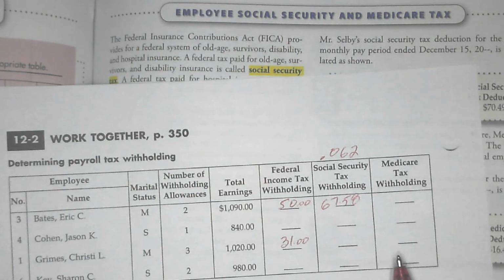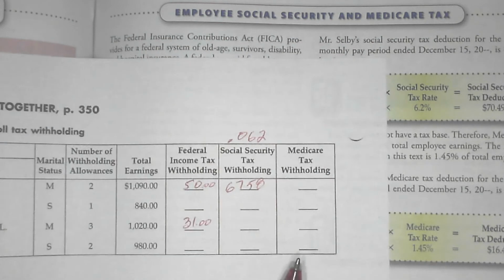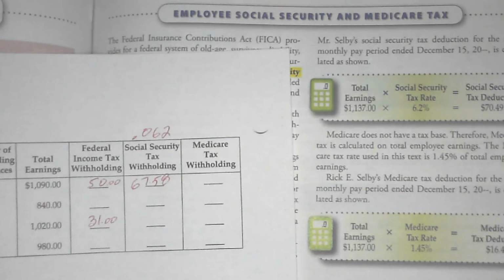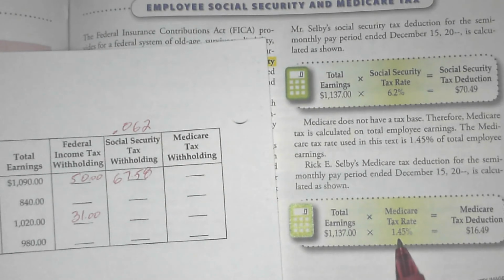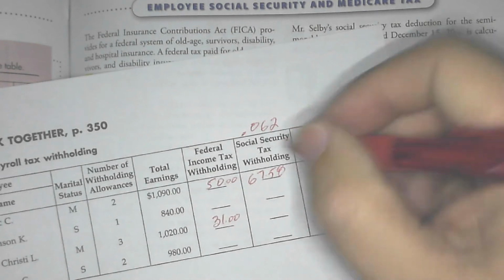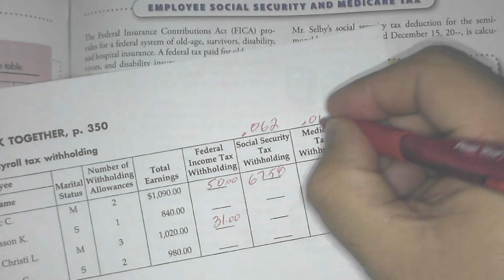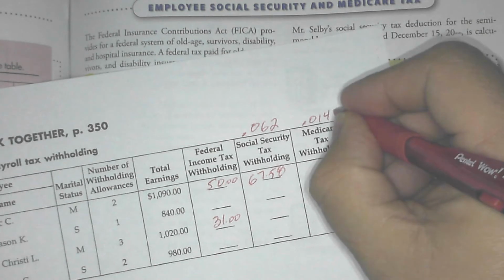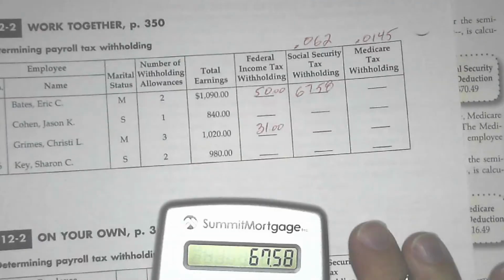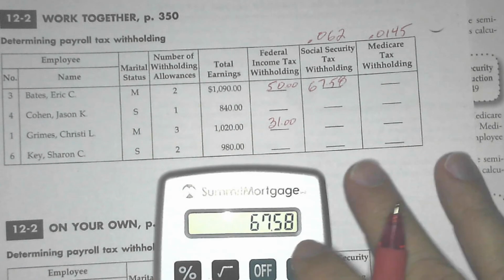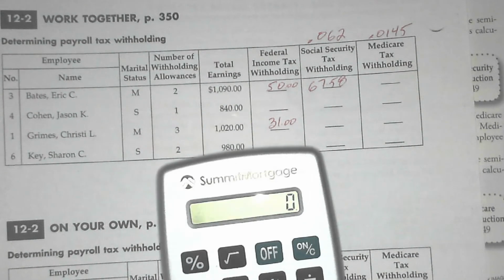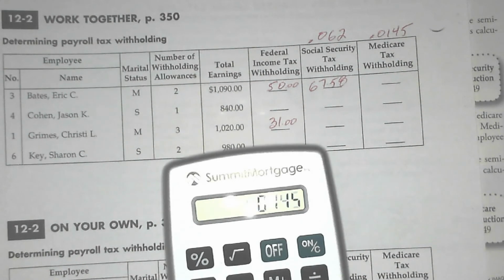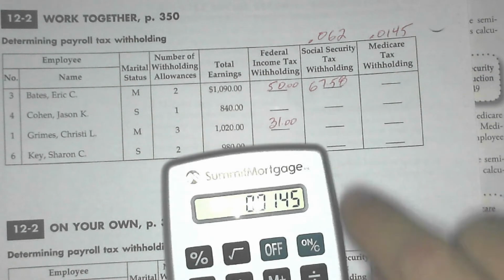Then your Medicare tax, it shows here 1.45% times the total earnings. 0.0145 times 1,090.